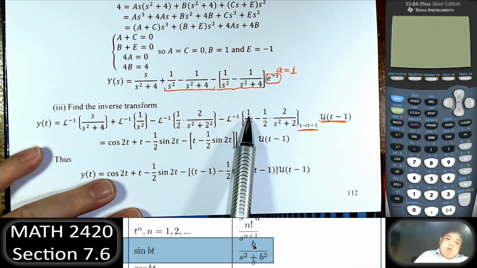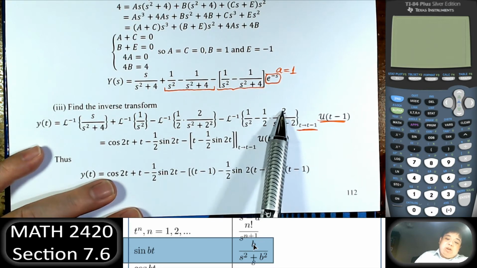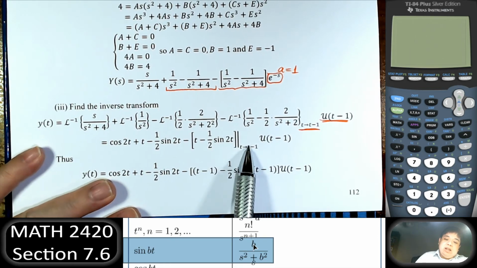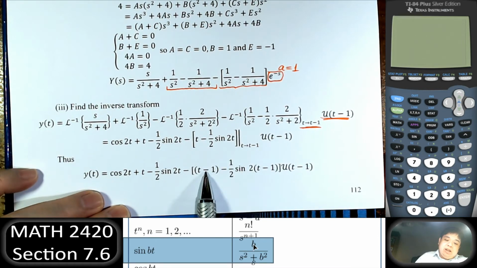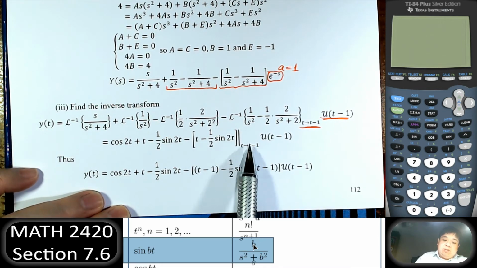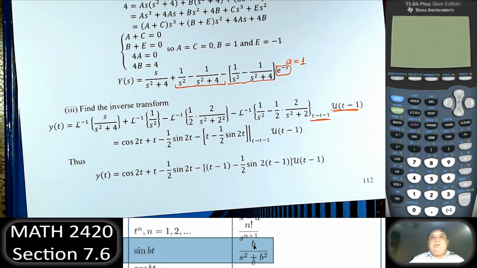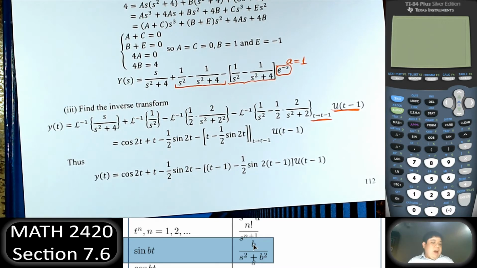So the inverse Laplace transform of 1 over s squared is t. The inverse Laplace transform of this is 1/2 sine of 2t. Then put t minus 1 in for t, and then we have that. That is the function. Of course, we can write this back using the unit step function if we want to.